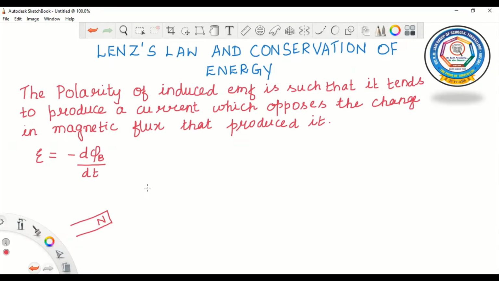Now let us assume a coil which is present here. So we are going to push the north pole of the magnet towards the coil.